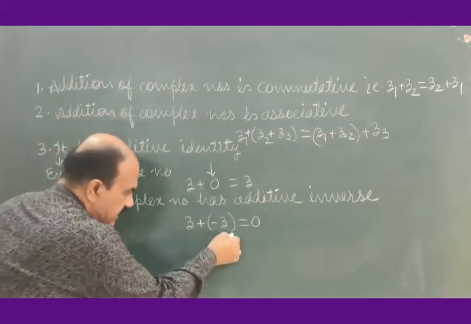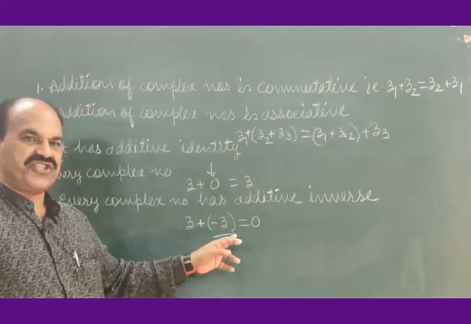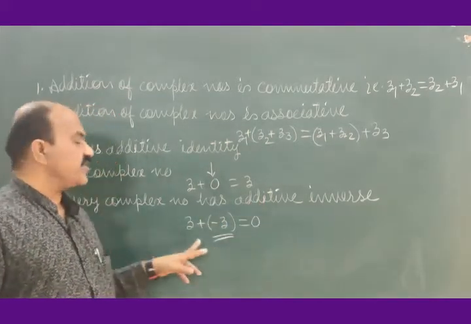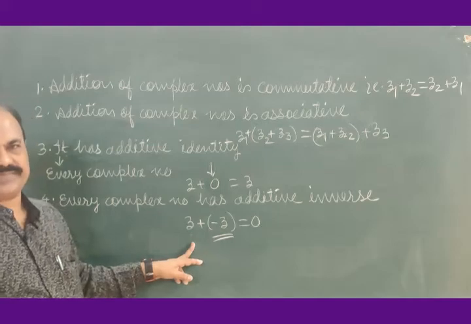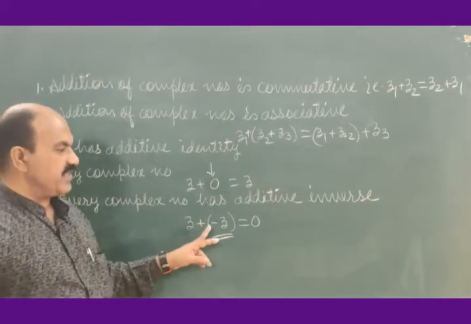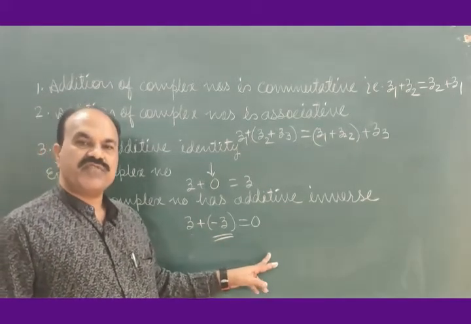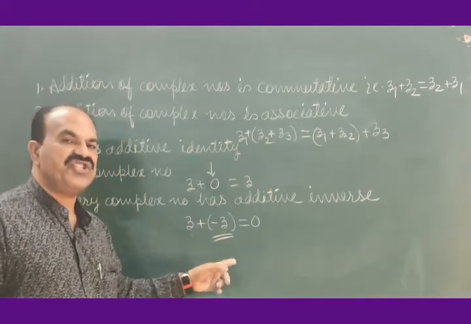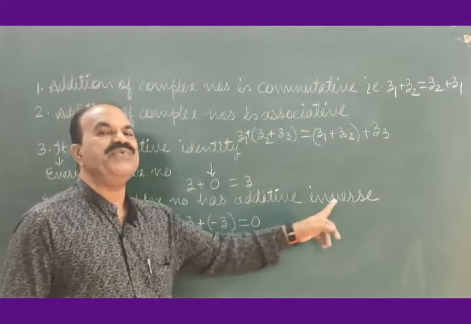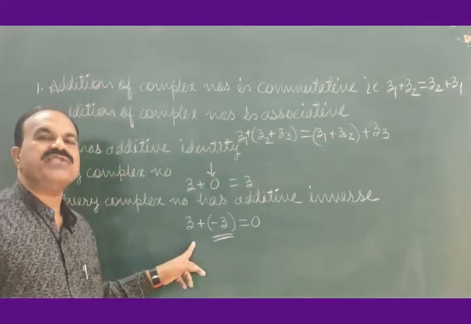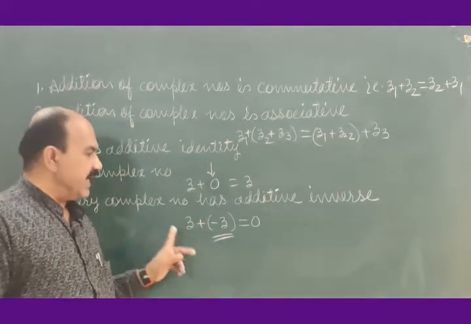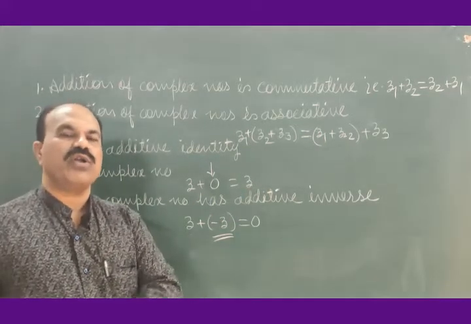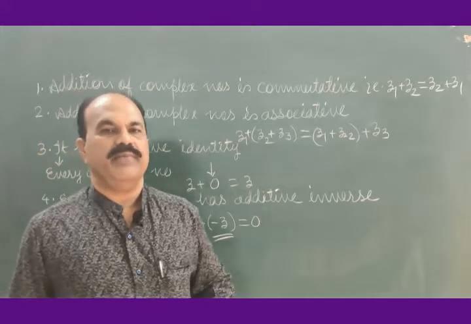It means that this minus Z is the additive inverse of Z. As Z plus minus Z is equal to 0, this minus Z is the additive inverse of this complex number Z, and this property is true for every complex number.